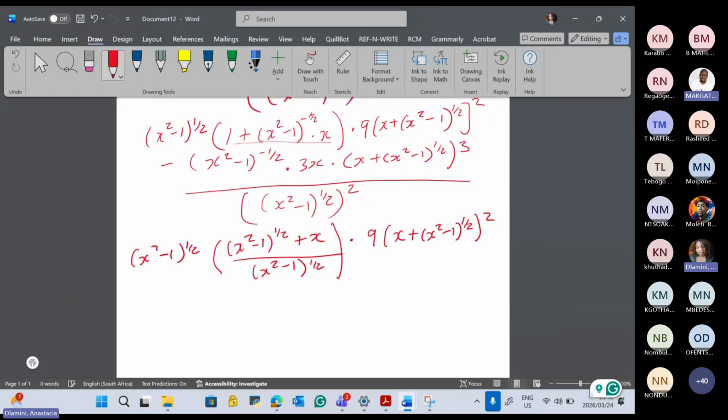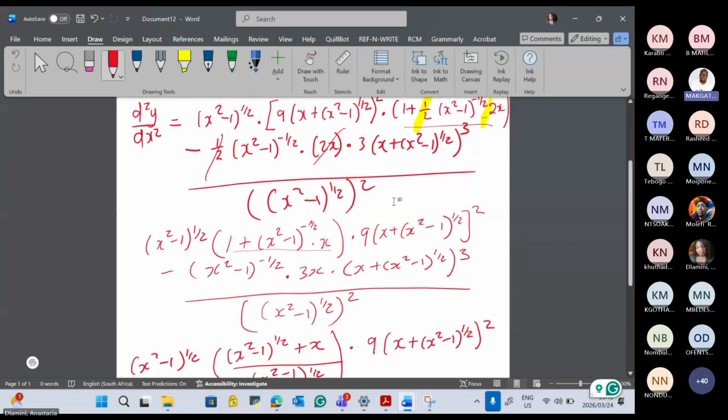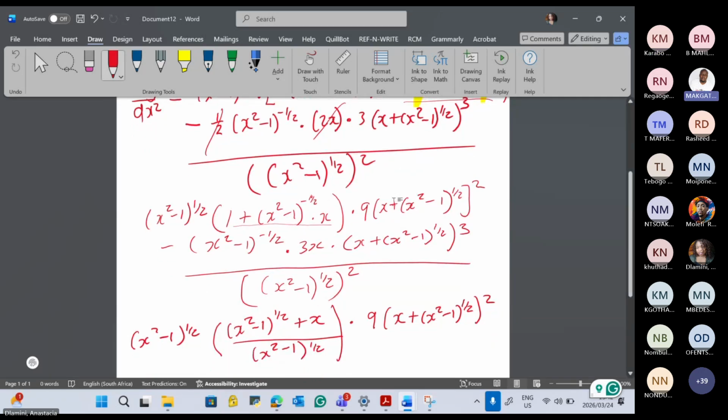Sorry, ma'am. You remove the 2 by cancelling from the one on the top, but I think you still removed it. I don't understand. The x squared minus 1 over half squared. So you remove that squared by doing what? Cancelling with the one on top. Which one? There's x squared minus 1 half there on top, you see it before the step you are writing now.